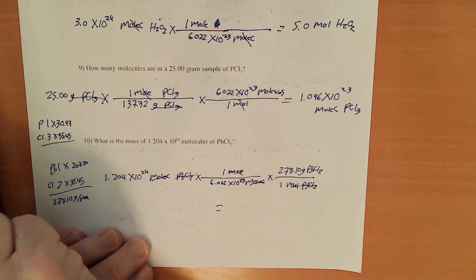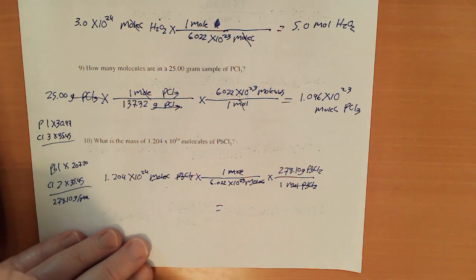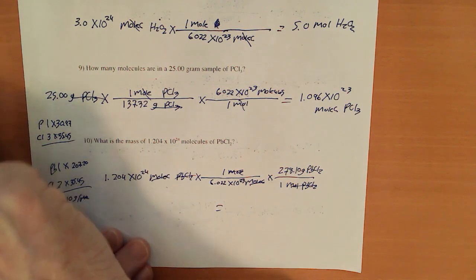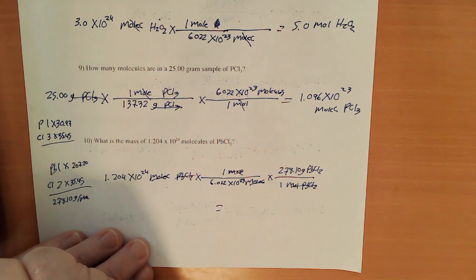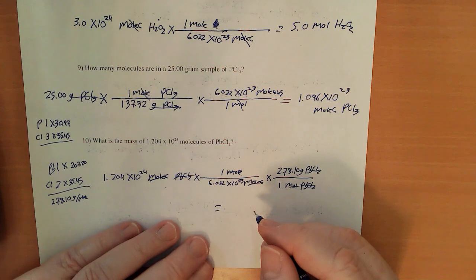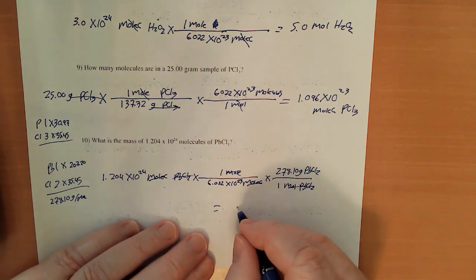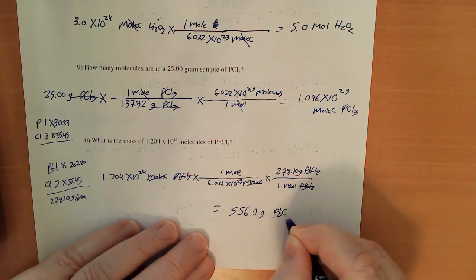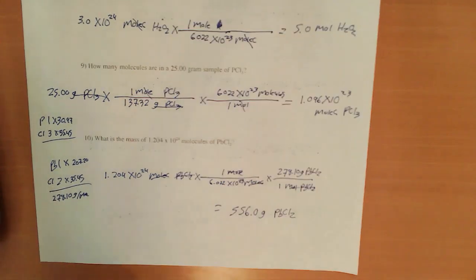So this divided by, you will then multiply by, I'm getting 556.0 grams of PbCl2. Okay.